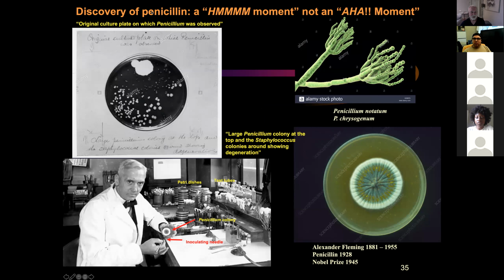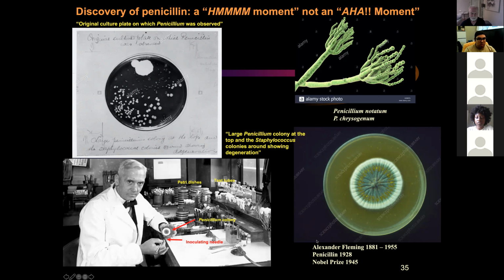Well, the story of penicillin is one of these moments. And it goes back to a man named Alexander Fleming, who lived from 1881 to 1955. He discovered penicillin in 1928 and won the Nobel Prize for it in 1945.